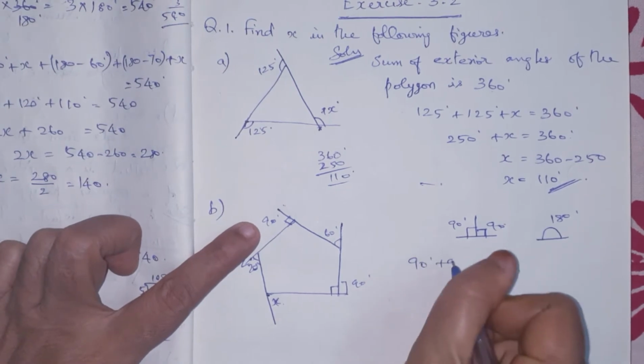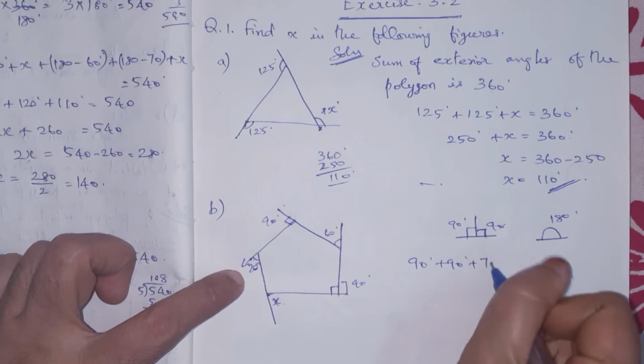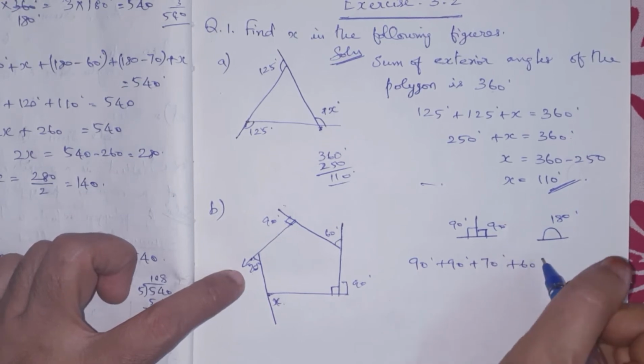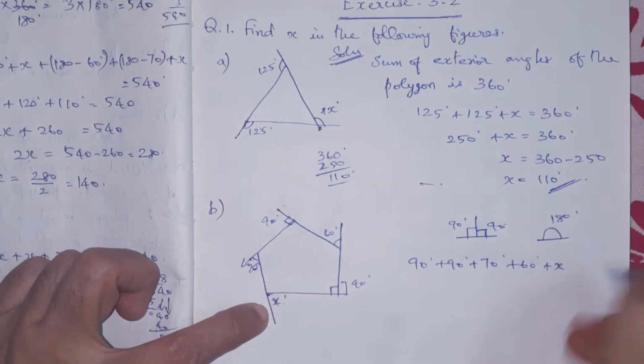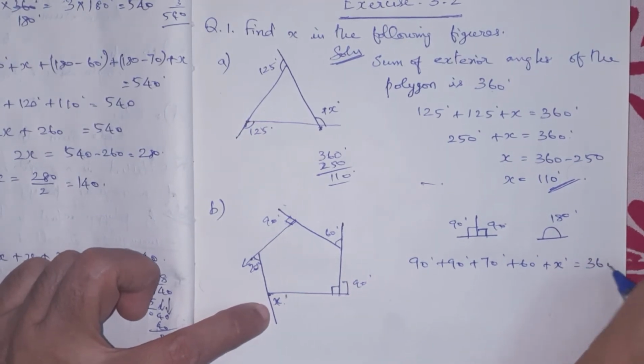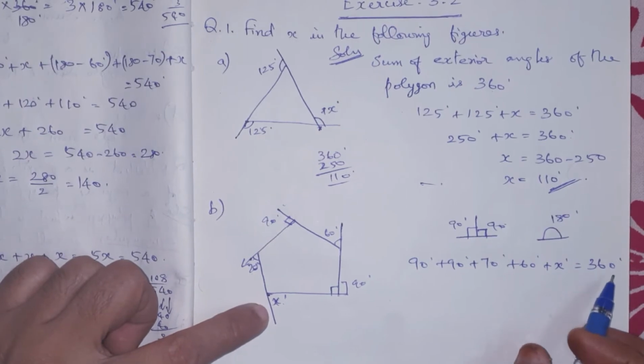90 plus 90 degrees, here 70 plus 60 degrees, then x degrees equals 360. The sum of the exterior angles is 360 degrees.